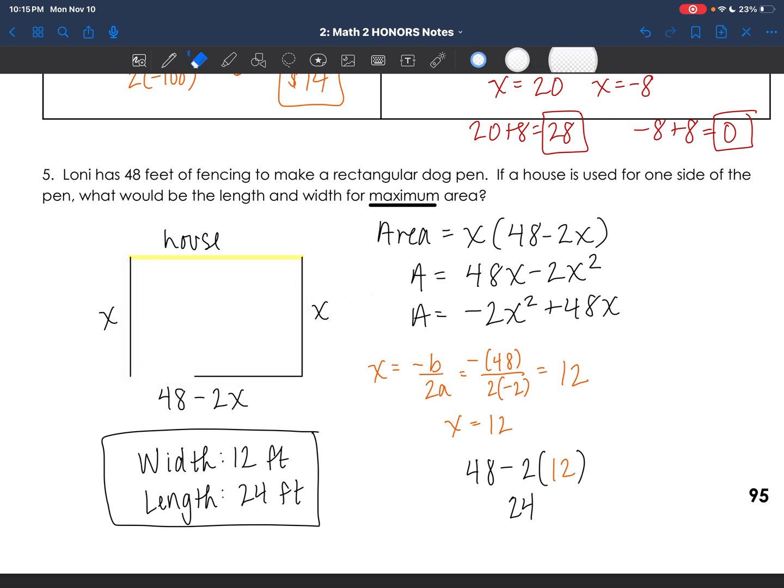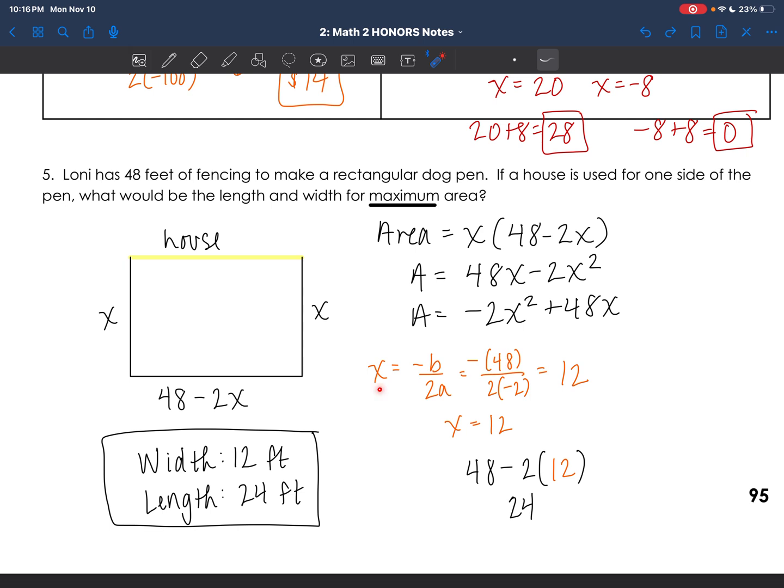So that means that this side is actually 48 minus 2x because you have minus those two sides. So that's why this side is that. And then you go length times width, multiply those out, and you get that for your area is negative 2x² plus 48x.